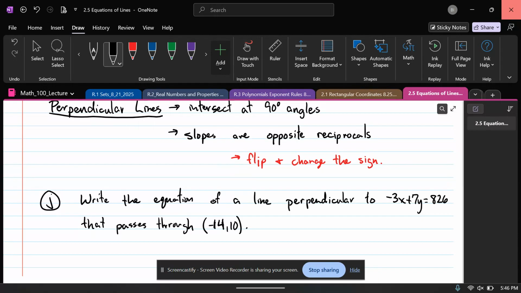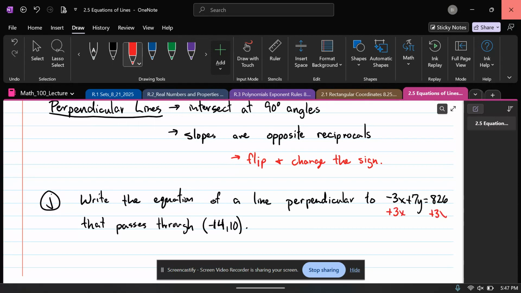I need what to start with? I need a slope to start with. So I've got an equation that's in what form? Standard. I need it in slope-intercept form. So let's get there. How do we get there? Move the 3x. It's a negative 3, so I'm going to add 3x.